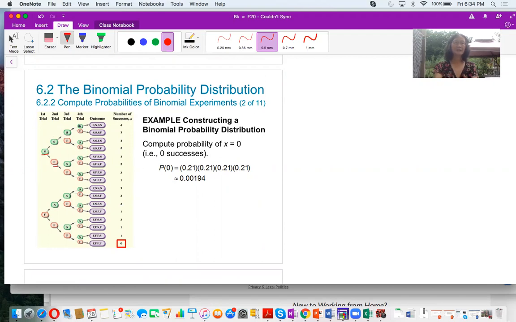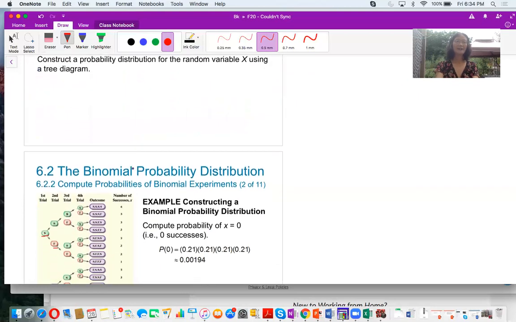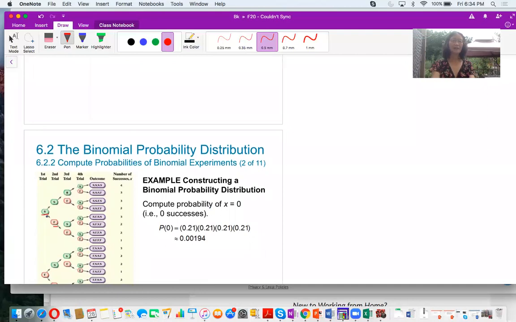So the first flight, because you select 4 flights. Let's say the first flight is on time, success. The second flight could be success, could be failure.